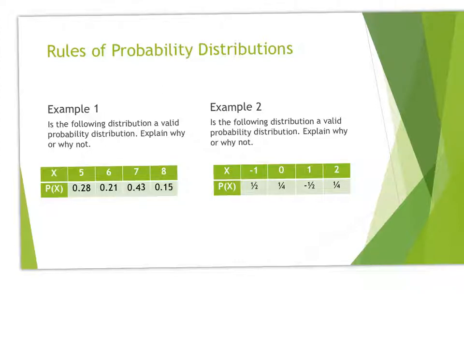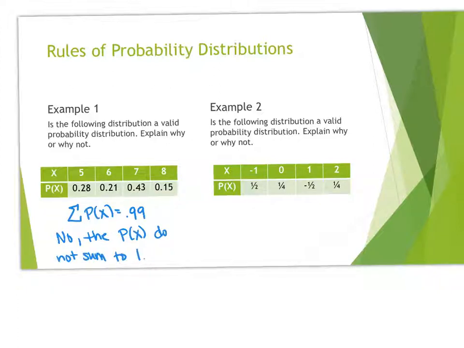Plus 0.43 is 0.84, plus 0.15. The sum of the probabilities is equal to 0.99. What's wrong with that? These have to sum to 1. So is this a valid distribution? No. The probabilities of x do not sum to 1.